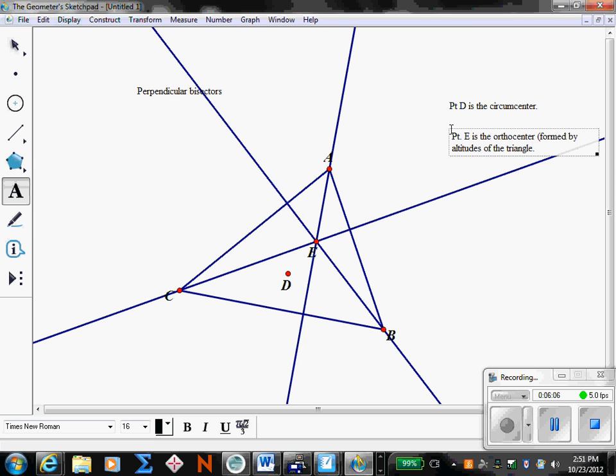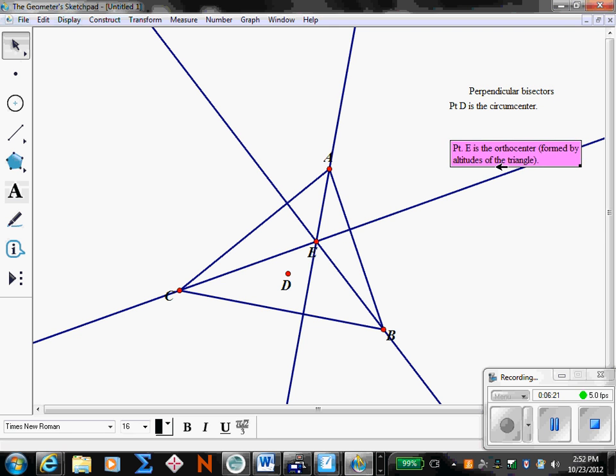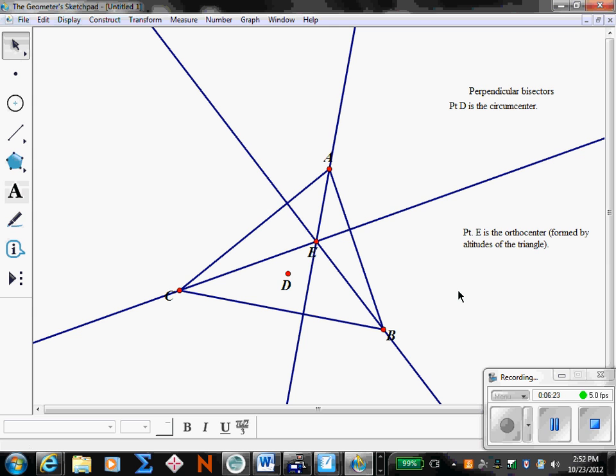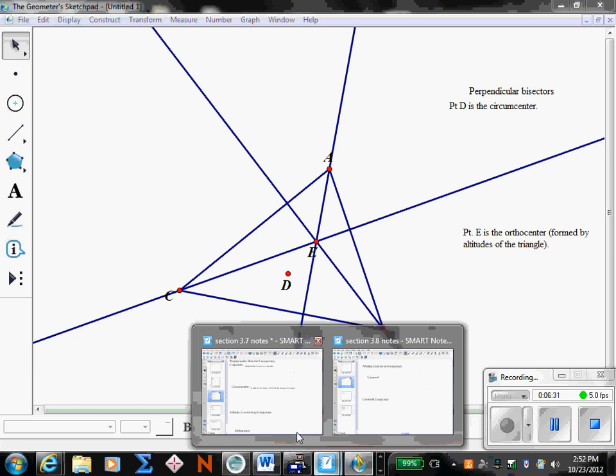It is formed by the altitudes of the triangle. So I'm going to put perpendicular bisectors over here with circumcenter, so we remember that those go together, and then point E is the orthocenter formed by altitudes. So I would take a snapshot of this and put it in your notes, and we are going to finish writing those conjectures there.